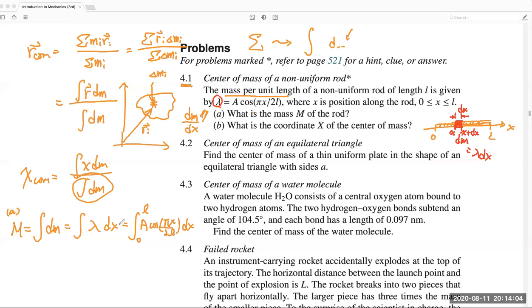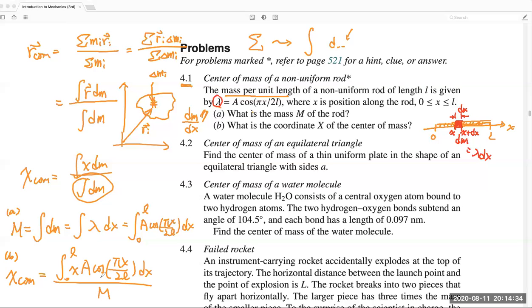So skip it first. And then for part B, if you want to find the center of mass, the x component of the center of mass, what you need to do, after you have got the total mass, is put the dm in the numerator, and then you integrate once.